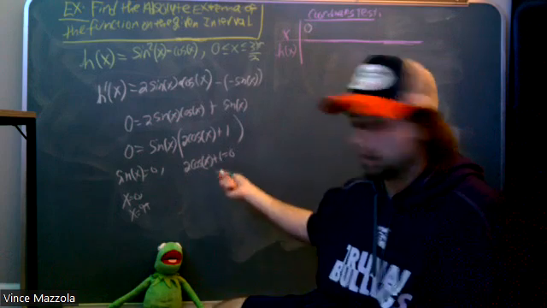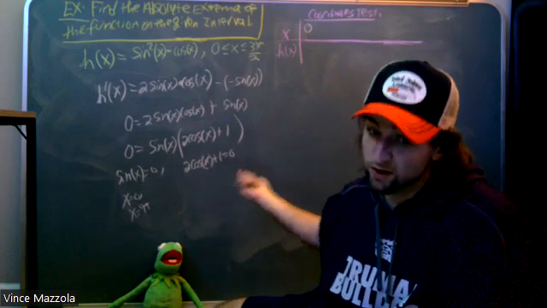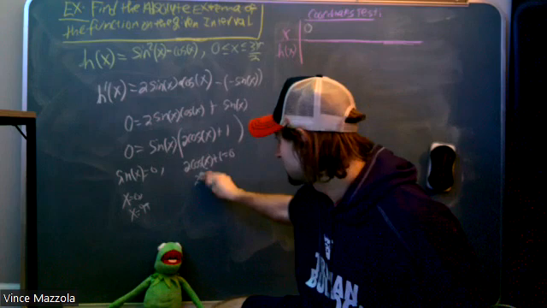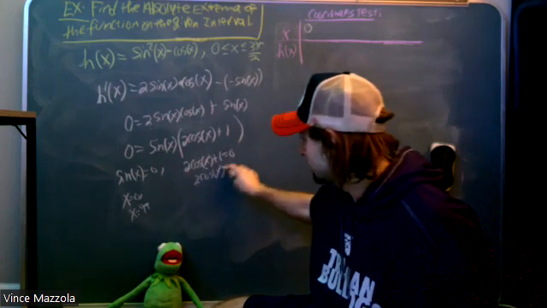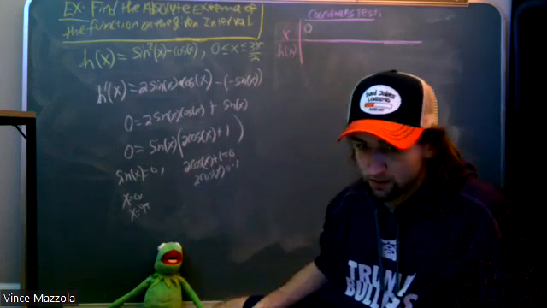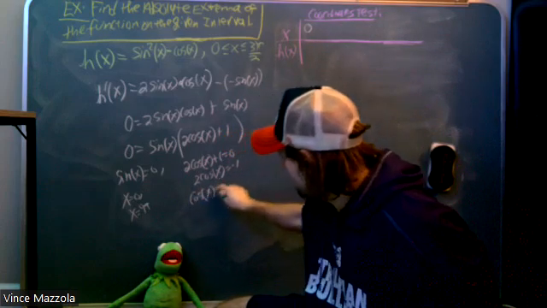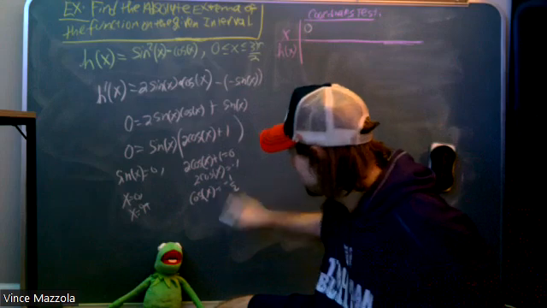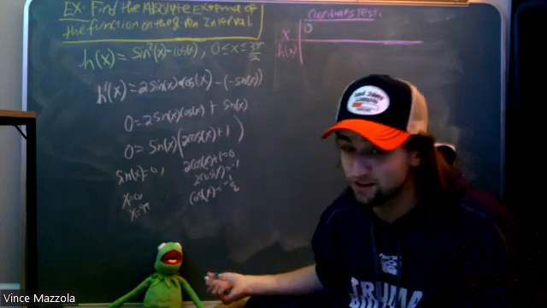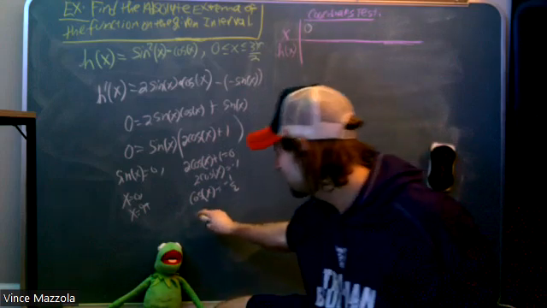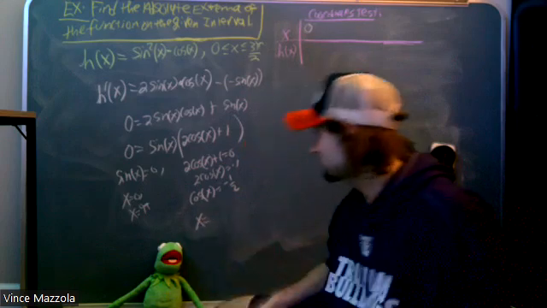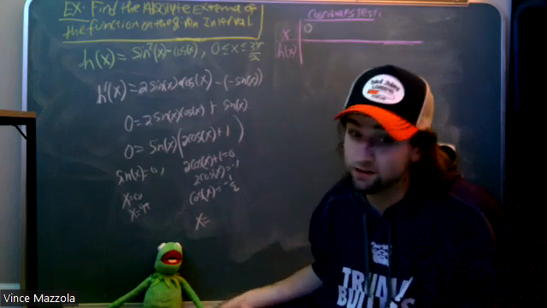And then we also got to figure out when 2 cosine of x plus 1 equals 0. So 2 cosine of x equals negative 1, and then divide by 2, so you got cosine of x equals negative 1/2. So now unit circle time: when does cosine equal negative half? Unit circle, cosine's your x.